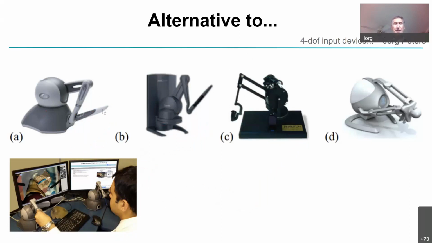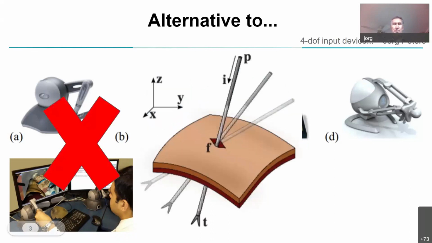All of that is 6 degrees of freedom. It's actually more than what you want. What you want is just 4 degrees of freedom, because the patient wouldn't like it if you were to move in the X or Y direction on the body. So you have 3 degrees of rotation and 1 degree of pushing the tool in and out. That's the 4 degrees of freedom that I was mentioning.